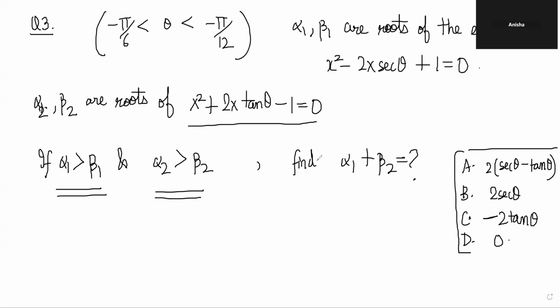And you have to figure out basically alpha 1 plus beta 2. Try it out. This is JEE 2016. It's not difficult at all. You just have to do normal common sense stuff.